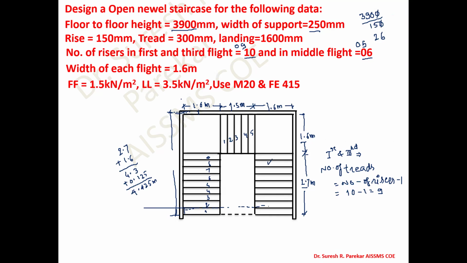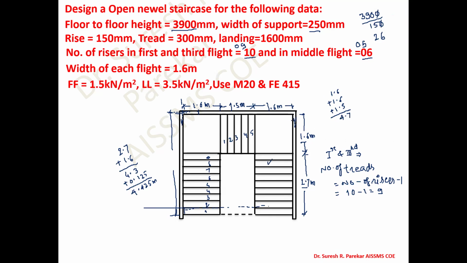What about the second? We have center to center, the center of this to the center of this. Then we have 1.6 plus 1.6 landing on both sides plus 1.5. So it comes to 4.7.